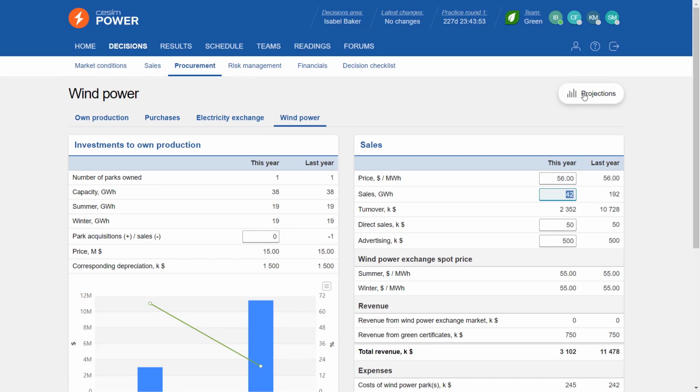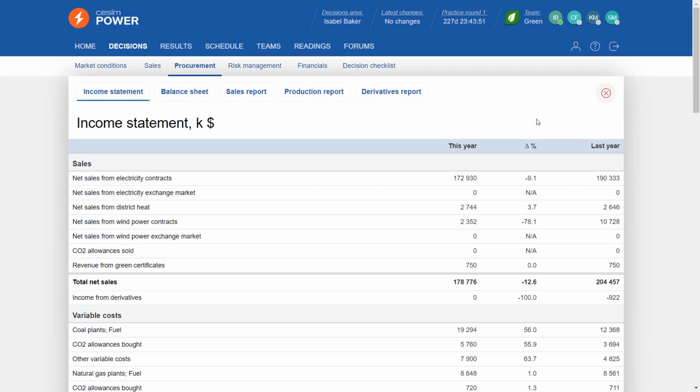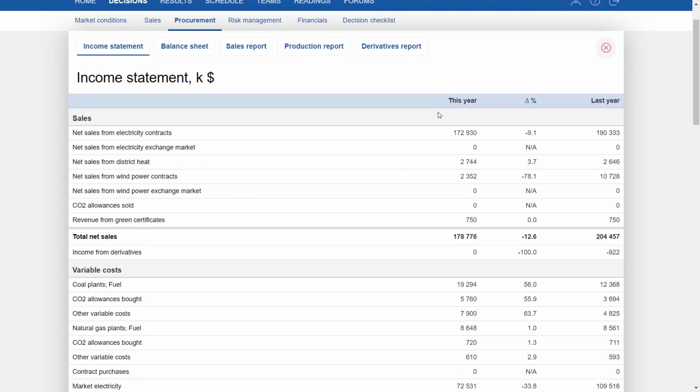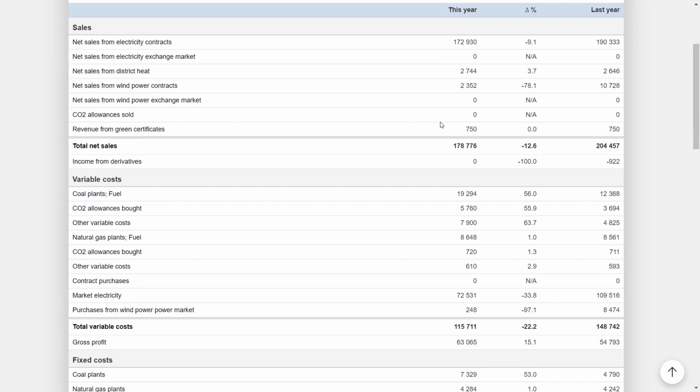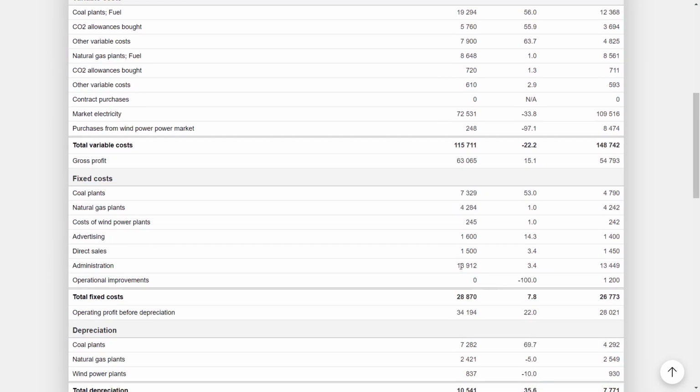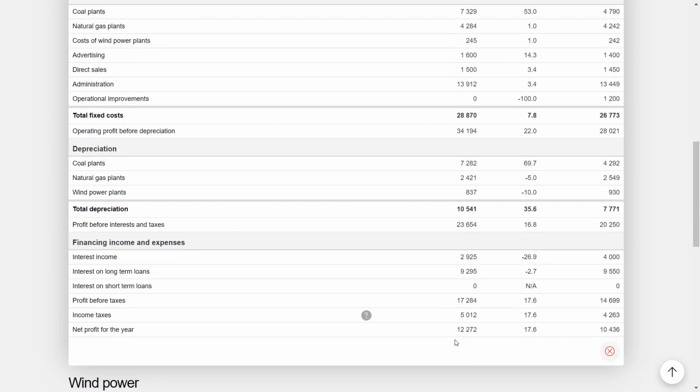We also have this projections tab here in the page, which shows us at any given point our expected profitability, or our pro forma statement. So here we can see the profit and loss statement all the way until the bottom line. At the moment we are expecting to make a bit more than 12 million in profit. Last year we had 10.4.